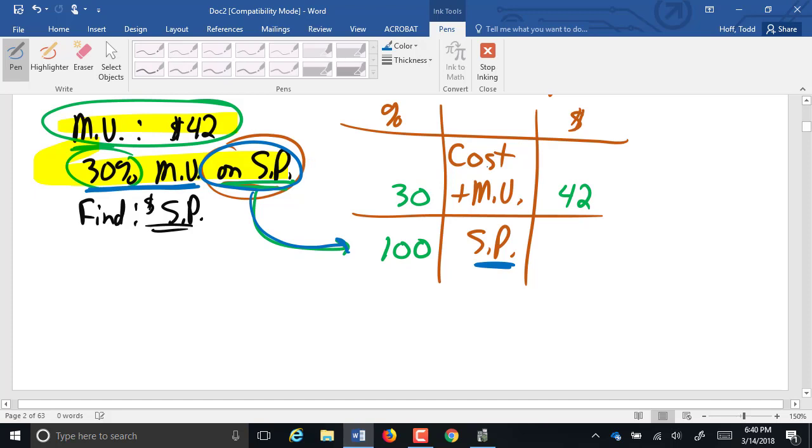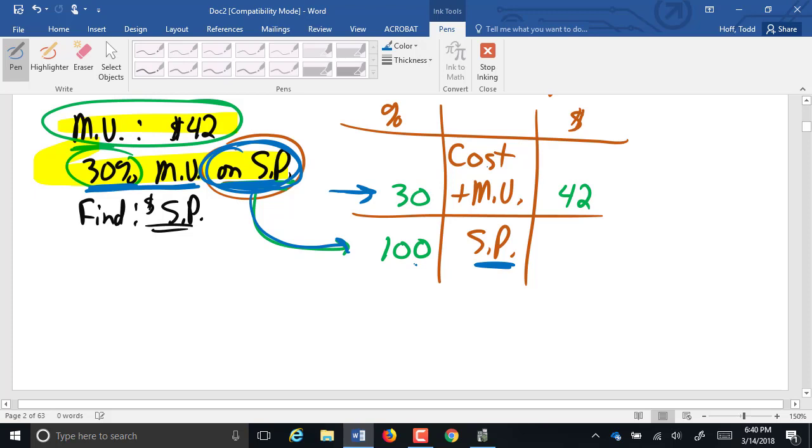Whatever that says it's on, that's where the 100% has to go. Because really what that's saying is markup based on selling price. Usually the stated percent here is always going to go with the markup. Where the 100 goes is either going to be cost or selling price. And that's whatever this markup percent is based on, is where the 100% goes.